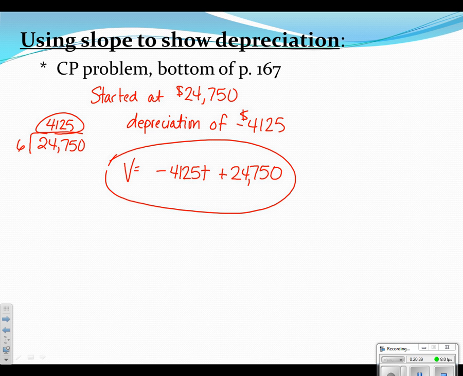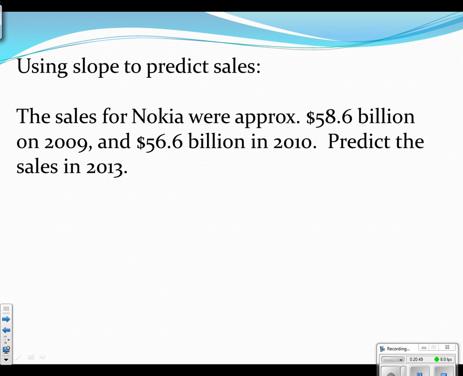Turn the page to the next slide. On page 168, it says the sales for Nokia were approximately 58.6 billion in 2009 and 56.6 billion in 2010. Predict the sales in 2013. Well, we can use our years and our approximate sales kind of like ordered pairs.